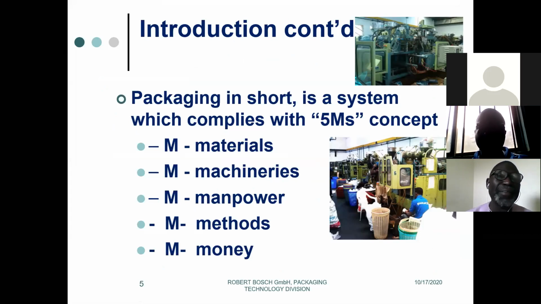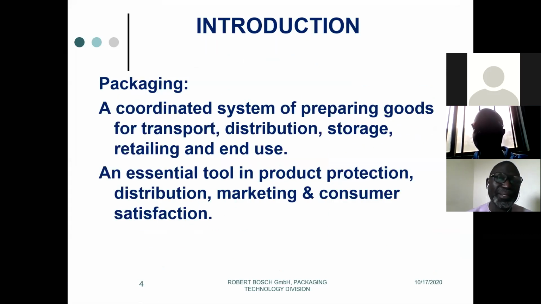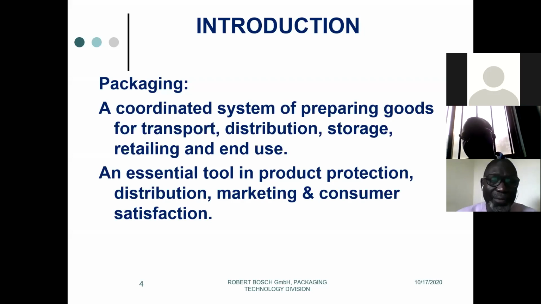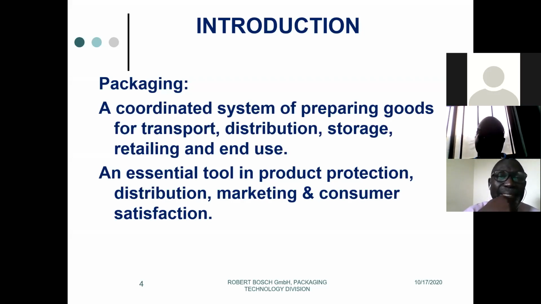The definition, let's go back to the first slide. Now, the definition we're having here on packaging is the World Packaging Organization reference that I've just chosen. Packaging is all about a coordinated system, which includes transport, distribution, storage, retailing, and end use.